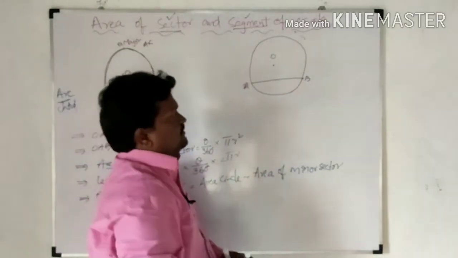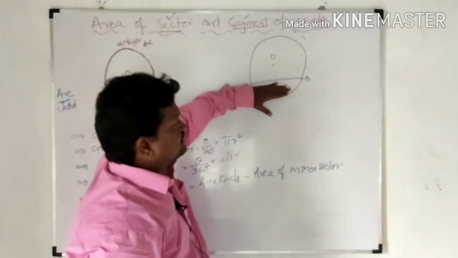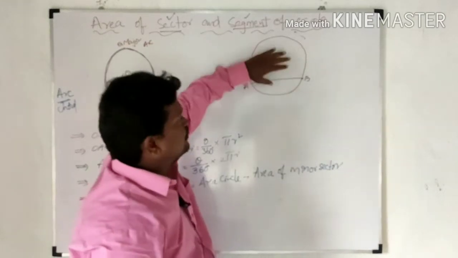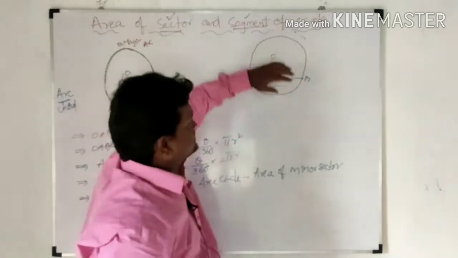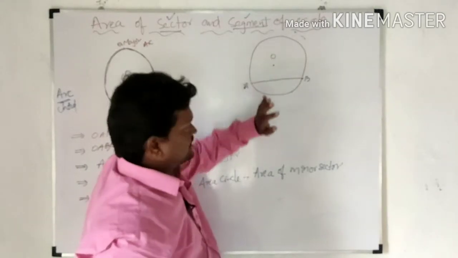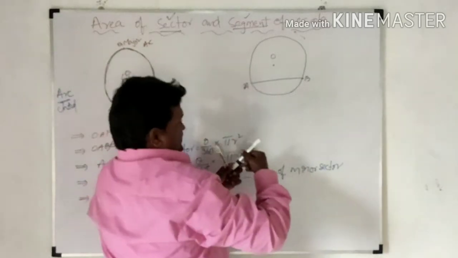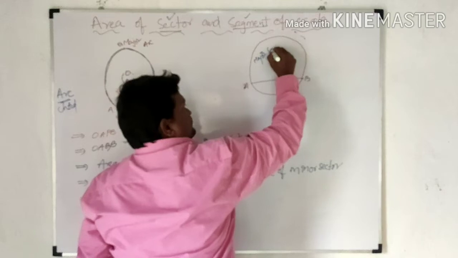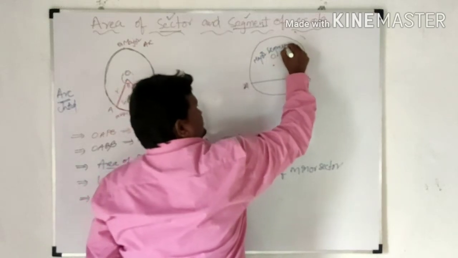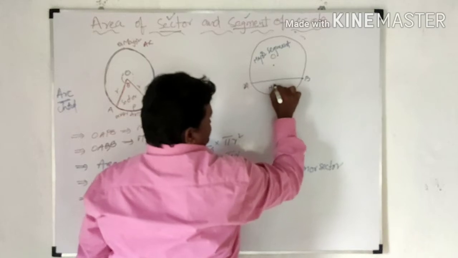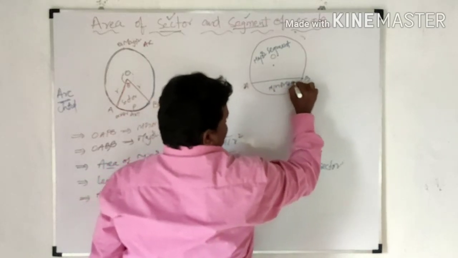So this chord divides the total circle into two circular regions. One is a big circular region and another one is a small circular region. The big circular region is called the major segment, and the small one is called the minor segment.